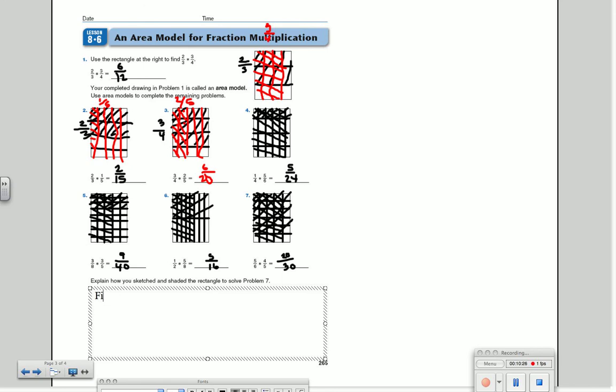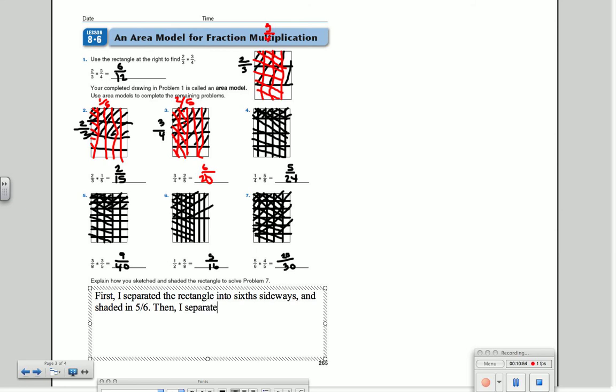Well, first, I separated the rectangle into sixths sideways and shaded in 5 out of 6.